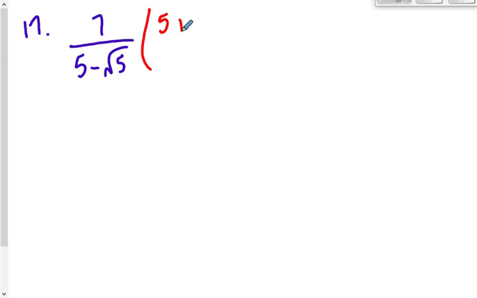Last one, 17. We have 7 over 5 minus the square root of 5. How do I work this? Can't have a radical on the bottom. What do I multiply by? The conjugate, 5 plus the square root of 5.